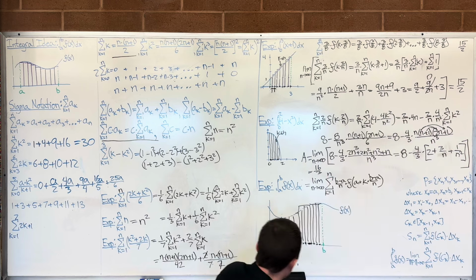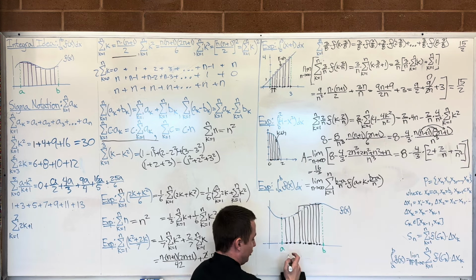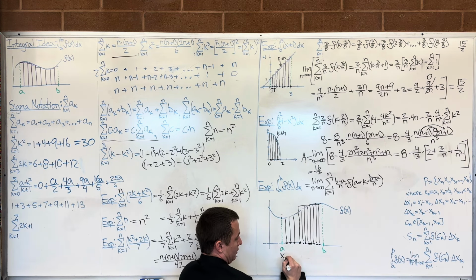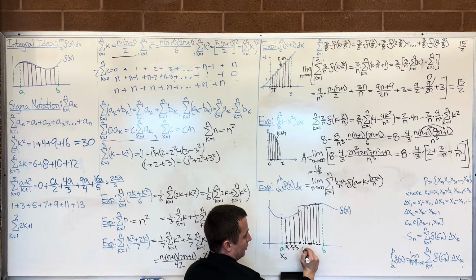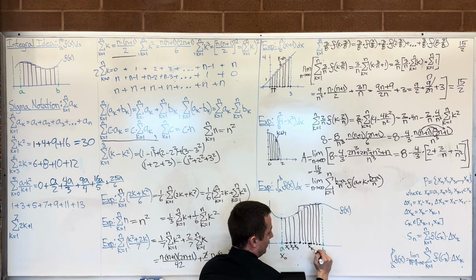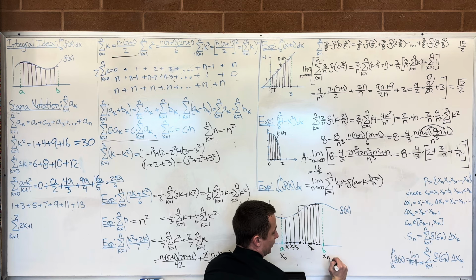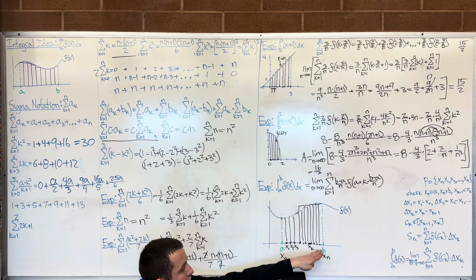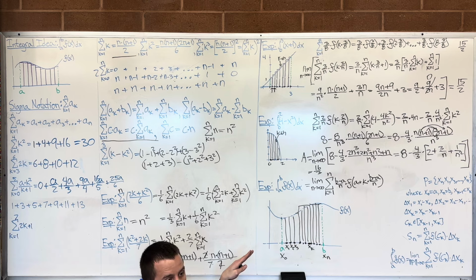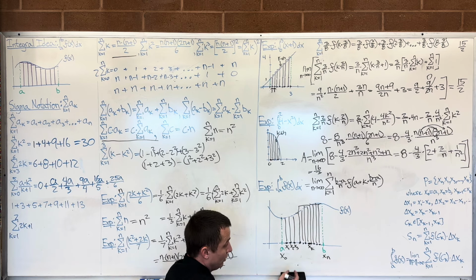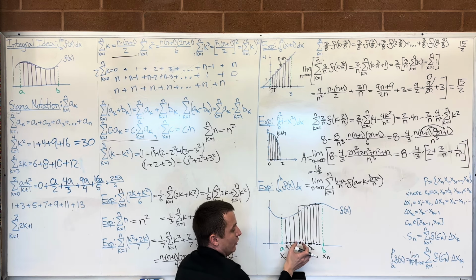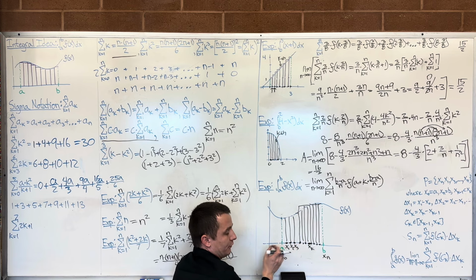So, writing it out explicitly, here we have some partition on this. Here's x sub 0, here's x sub 1, here's x sub 2, here's x sub 3, dot dot dot, here's x sub k, dot dot dot, here's x sub n. There's a partition on that interval. Notation: what now is the length of each of these little inner rectangles?